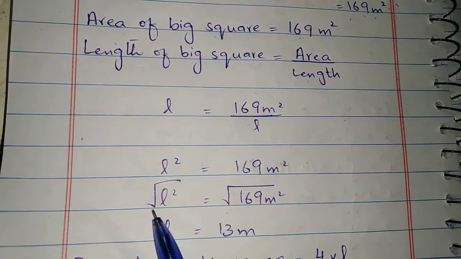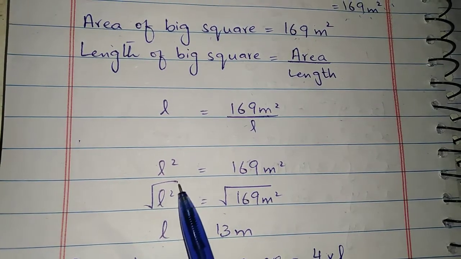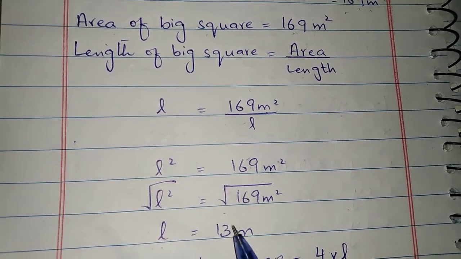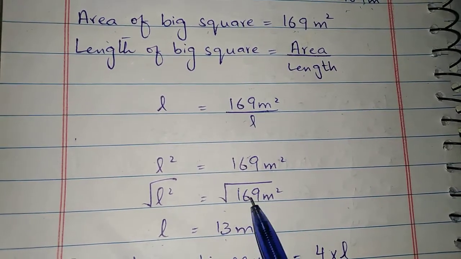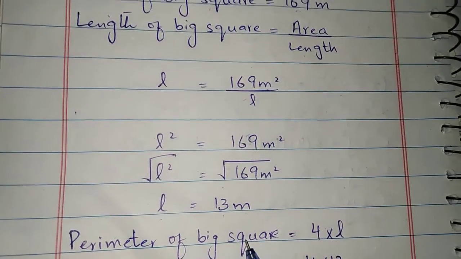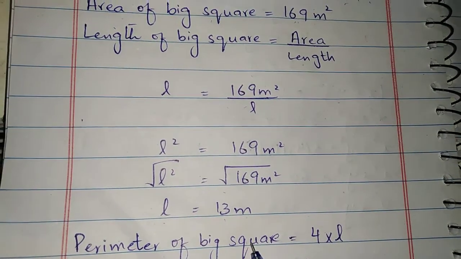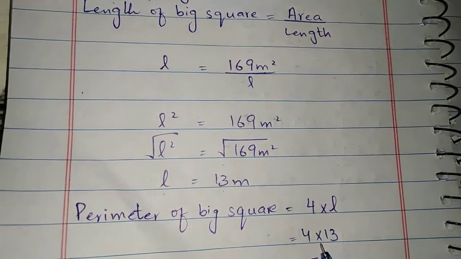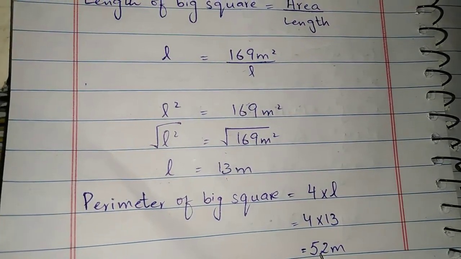Square root on both sides, after square root we get L is equal to square root of 169, which can be written as 13 meter. So perimeter of a big square, we know that perimeter of a square is equal to 4L. So 4 multiplied by this length and we get the perimeter of the square, 52 meter.